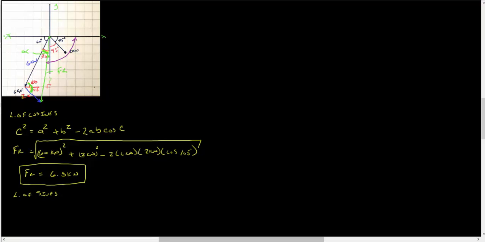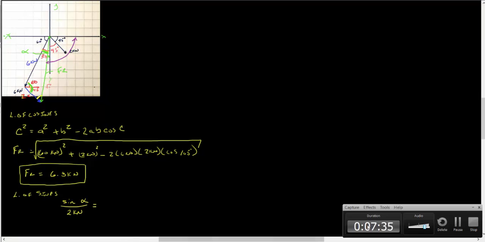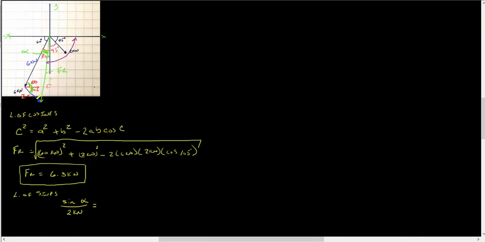So I could say the sine of alpha, and what's opposite of alpha? It's my 2 kilonewtons, is equal to, let's go ahead and use sine of 45. So we also know that this angle here is 45 degrees. Okay, so we know that this is 105 degrees, and we know our force resultant is 6.8 kilonewtons.